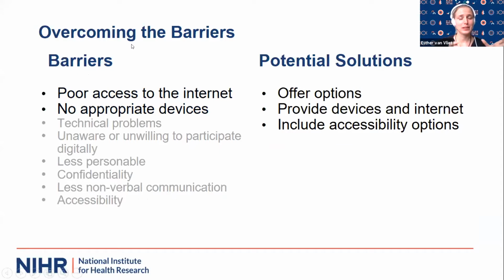So yeah, when we think of poor access to the internet, and I kind of merge it with no appropriate devices, there are several ways how we can overcome this. So really important, and you'll see this coming back with overcoming some of the other barriers as well, is offer options. So some of the virtual platforms will allow you, for instance, to use your telephone and dial into a meeting.